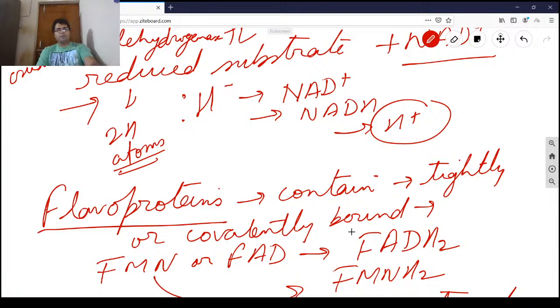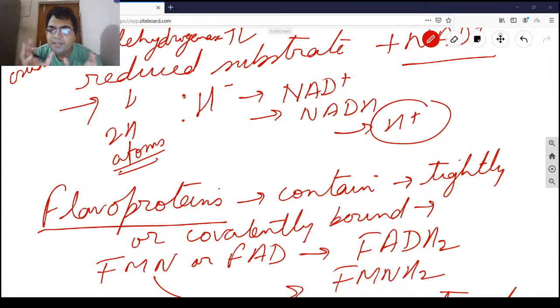This hydride ion is produced, and then one of the hydrogens is transferred as H- to the NAD+, making it NADH, and the other H+ is thrown off. So two electrons are transferred, but H+ is thrown off, right? That is how the transport happens.